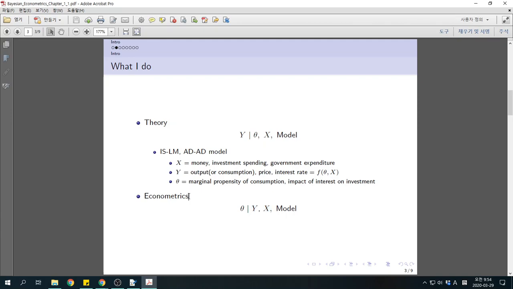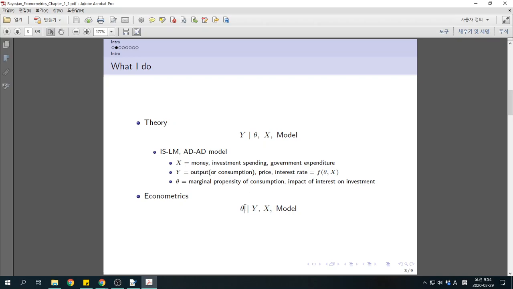In this class, we are going to do the econometrician's job. Given the observations, for example, given the asset prices and given the exogenous variables, at what parameters these variables are determined.